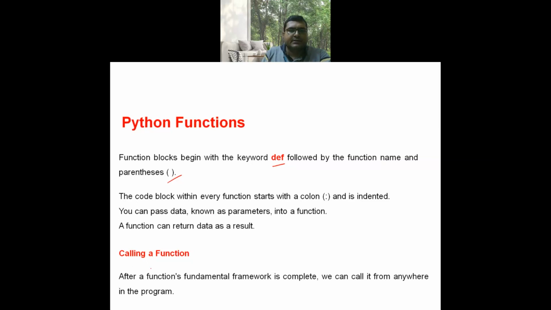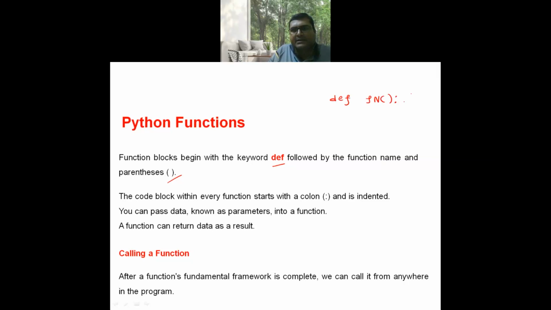Calling a function. After a function's fundamental framework is complete, we can call it from anywhere in the program. Here, the function can be defined with the keyword def, and we can name the function followed by parenthesis and a colon.